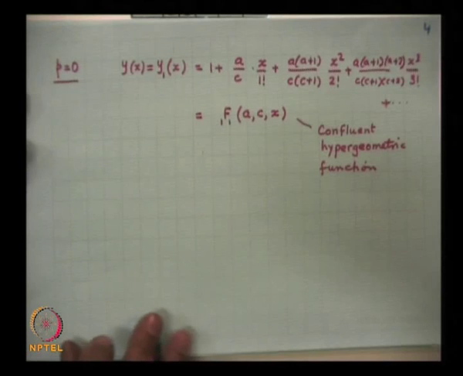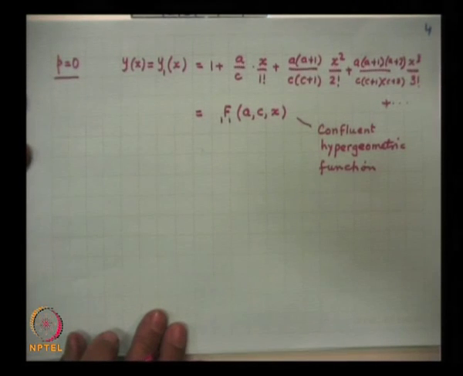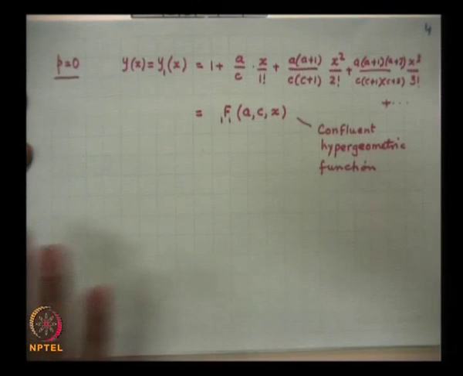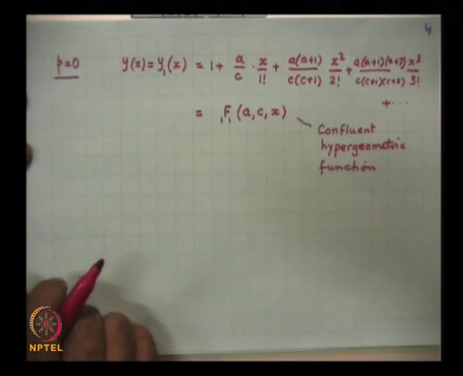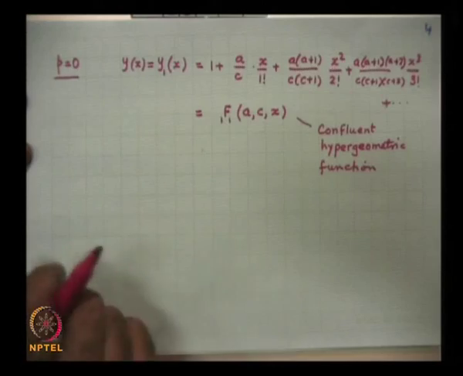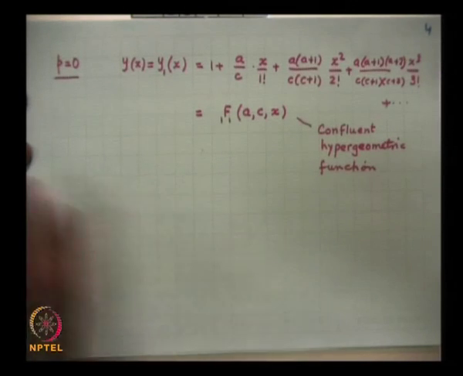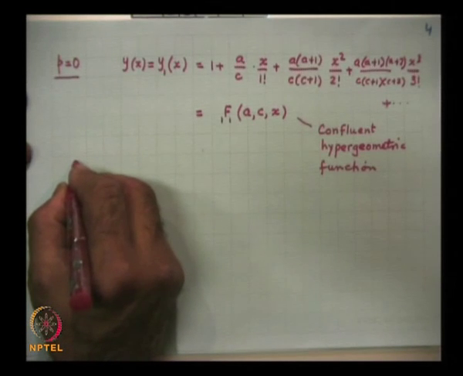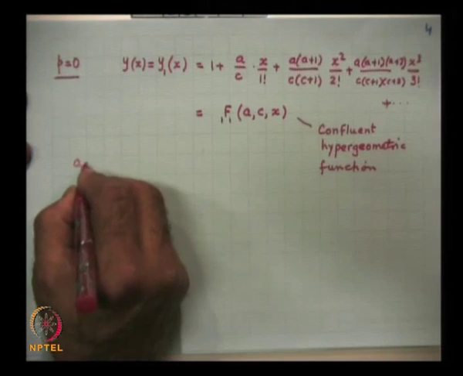Now, let me consider the special case. I will consider p equal to 1 minus c also in a moment, but before that let me tell you an important property of this confluent hypergeometric function. Let us take the simple case when a is equal to c.